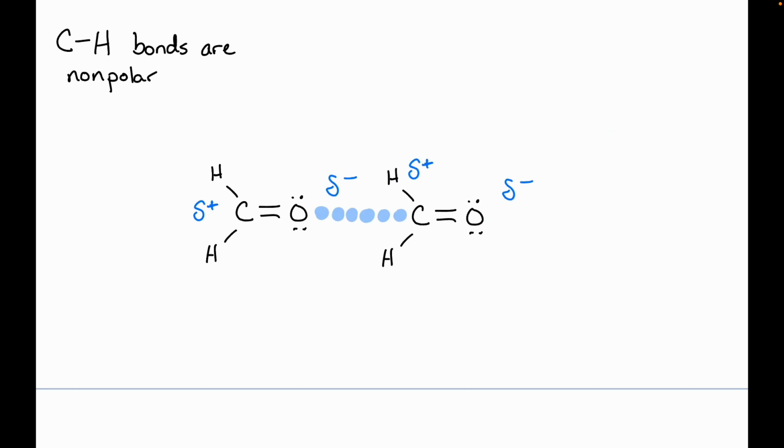What do we know about opposite charges? They attract one another. We have this portion of a molecule that's partially negatively charged. It's going to interact fairly strongly with the portion of a neighboring molecule that has a partial positive charge. So this is this dipole-dipole interaction.